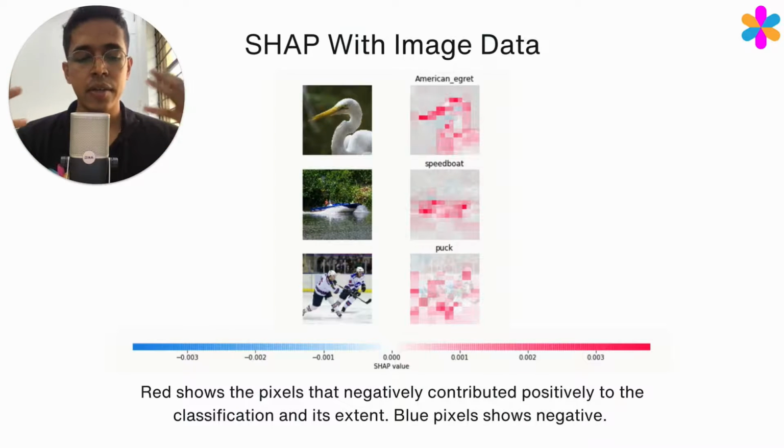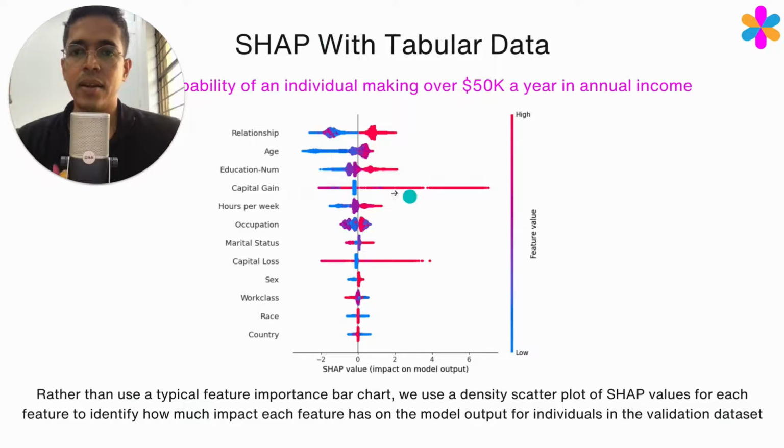So in husky versus wolf, a husky which was present in a snow background was getting classified as a wolf, because in the training data, most of the images corresponding to wolf had snow in it, and instead of the CNN recognizing husky versus wolf, it became a good snow recognizing algorithm. So although the accuracy was good, it was not looking at the correct thing. So similarly, you can do the same thing with SHAP.